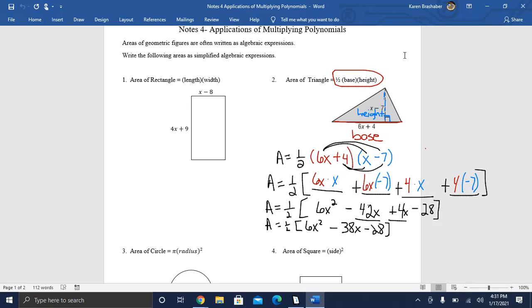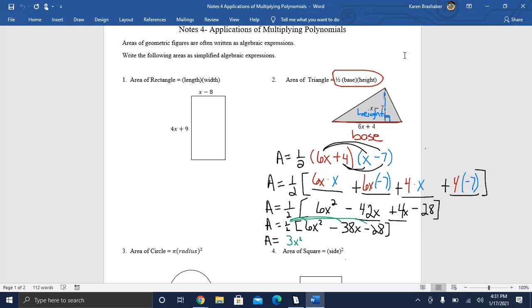So if you need a calculator, you can do 0.5, but that will be multiplying or distributing to each term inside this parentheses. So you will be taking 0.5 times 6x to the second. That's going to give us 3x to the second.